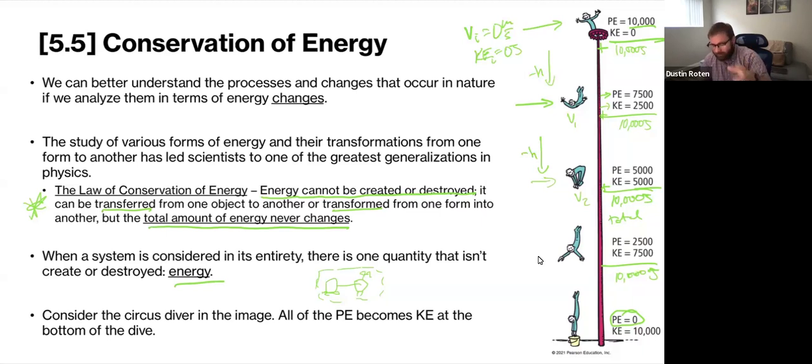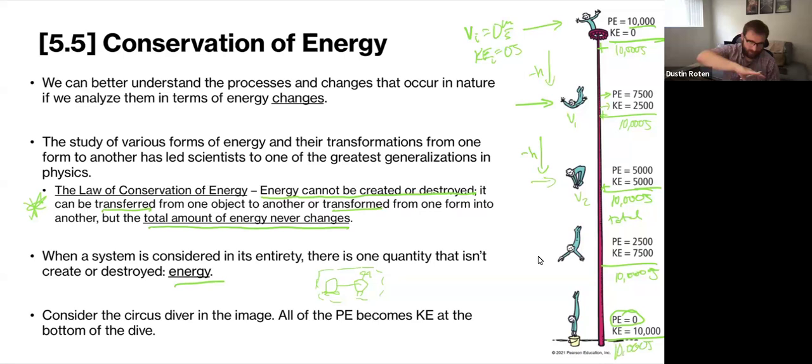So where did that original 10,000 joules of potential energy go? Well, you can see it went to kinetic energy. So all of his GPE was transformed into kinetic energy through this process. And again, if we add up the total, we still get the same thing, 10,000 joules of energy.